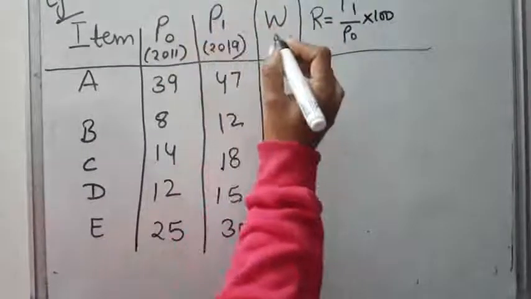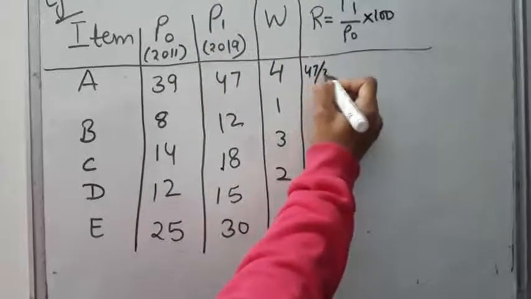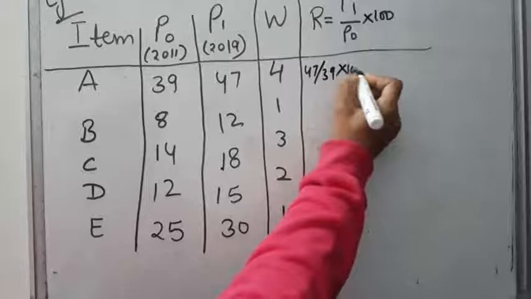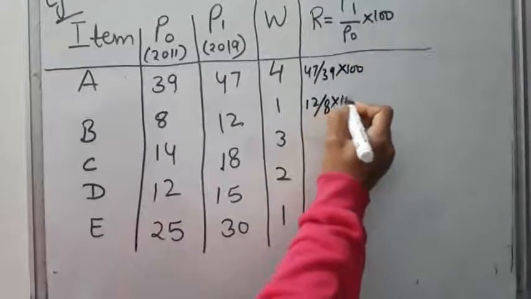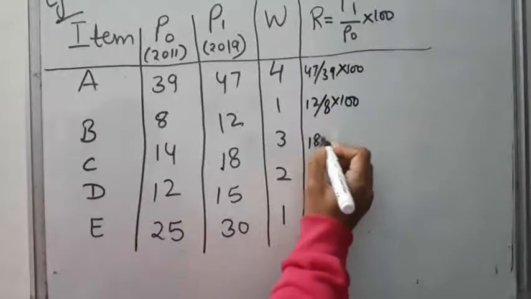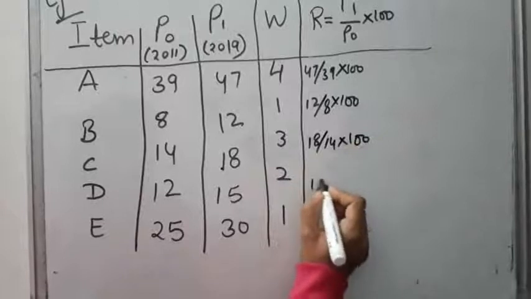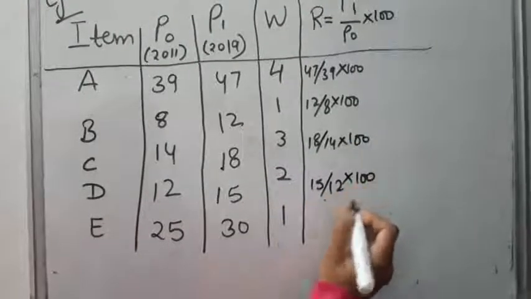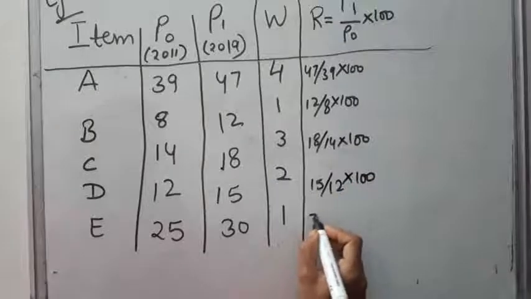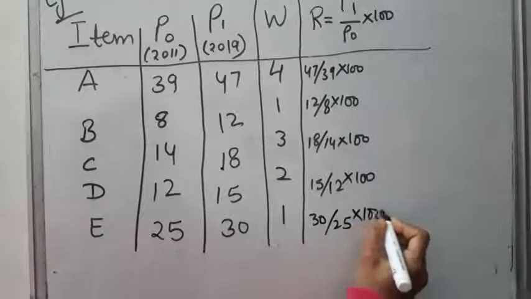So here P1 is 47 divided by 39 into 100, 12 divided by 8 into 100, 18 divided by 14 into 100, 15 divided by 12 multiplied by 100, and 30 divided by 25 multiplied by 100.